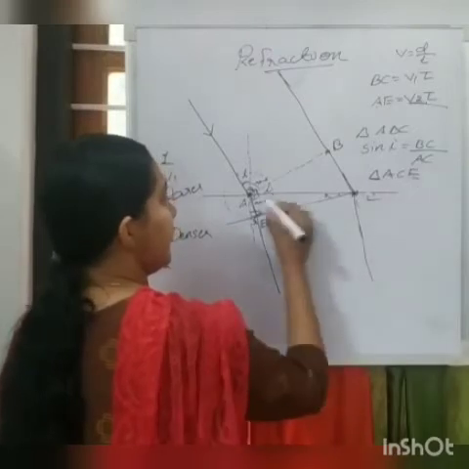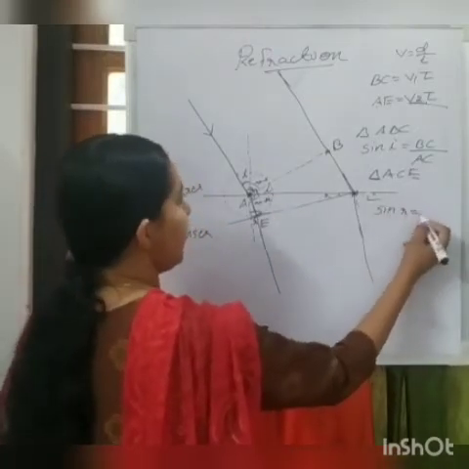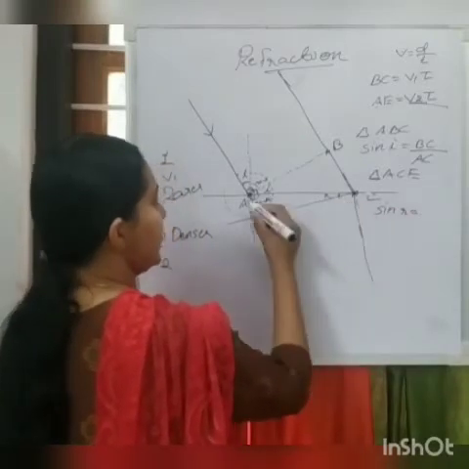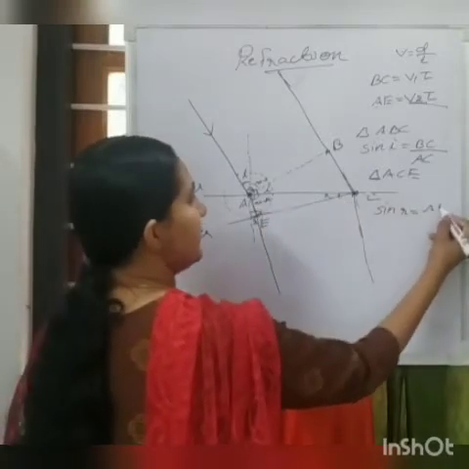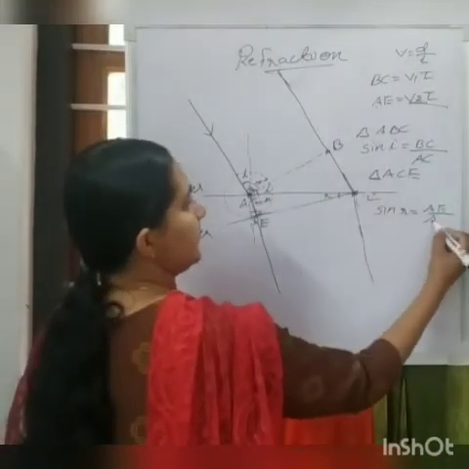Now from this triangle ACE, sin R equals AE by AC.